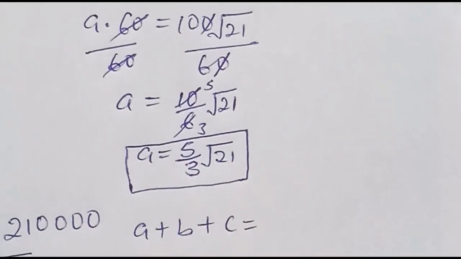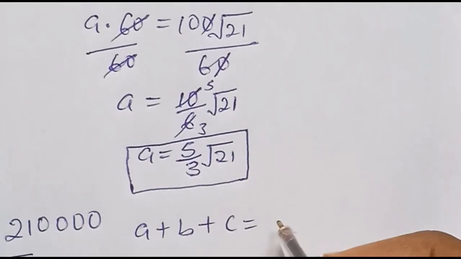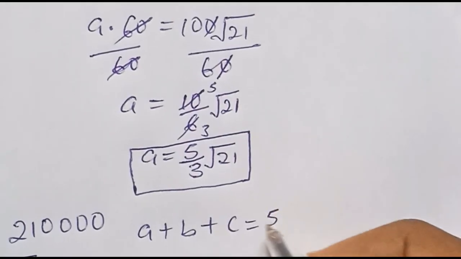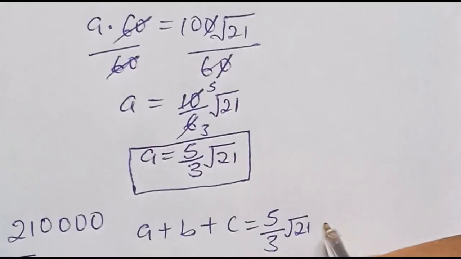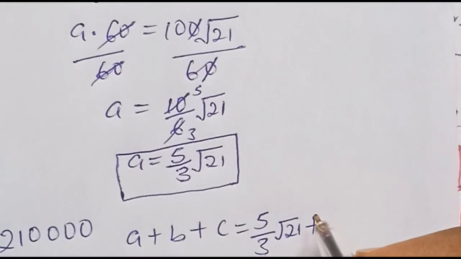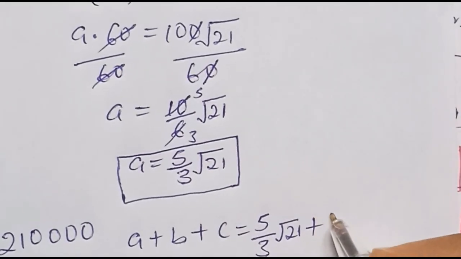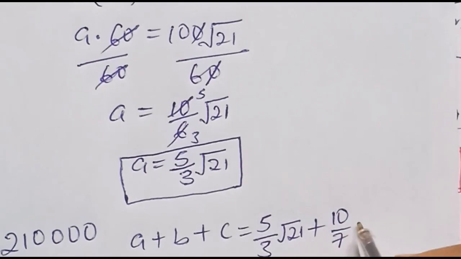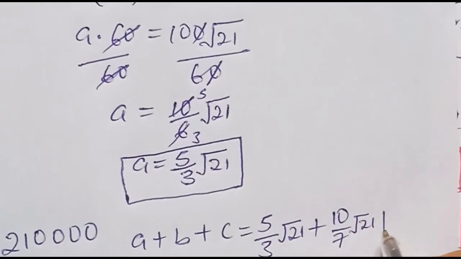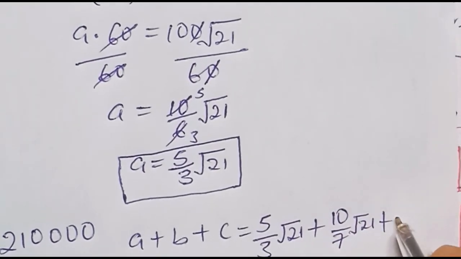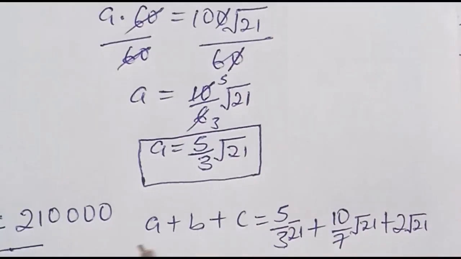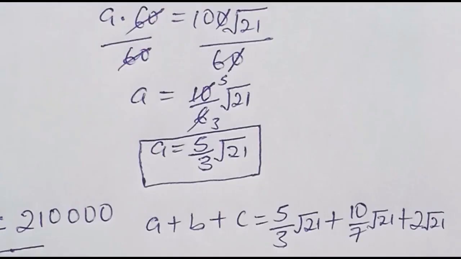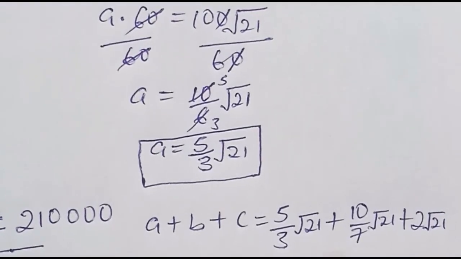So I'll add the values together. My A is equal to 5/3 square root of 21 plus B, 10/7 square root of 21, plus C, which is equal to 2 square root of 21. So I have to add the right hand side.